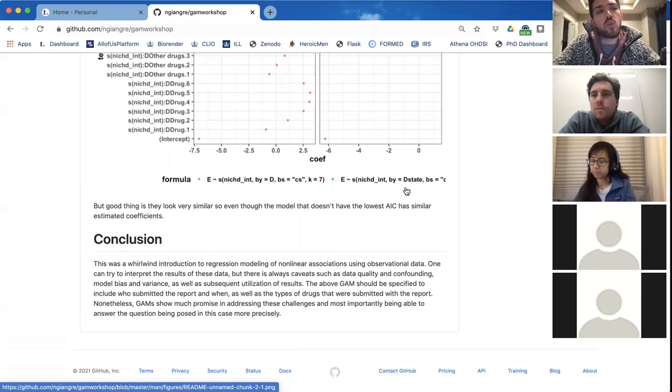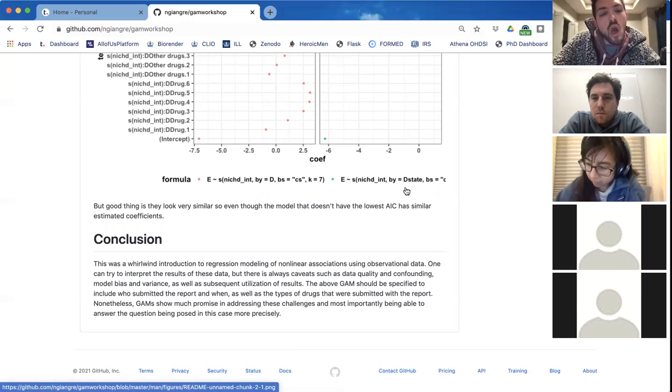It's not the best way to understand associations, but at least I hope I showed that when you use a model that's more flexible, that produces statistics that make more sense, then that's the better option to use.